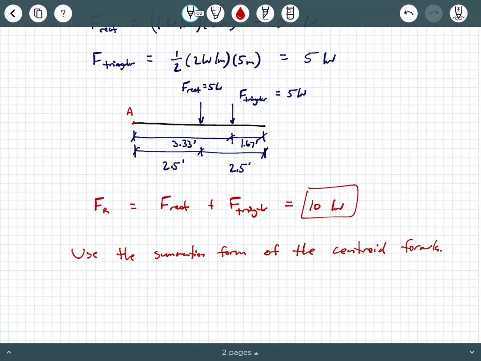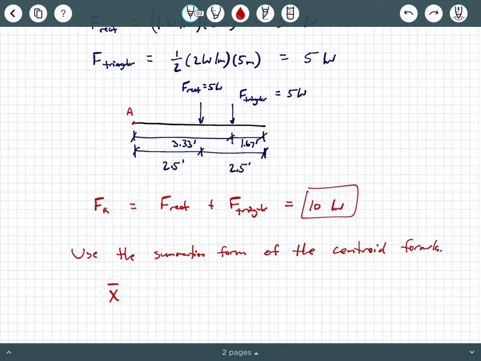So remember from calculus, when you have discrete shapes or discrete values, we typically use the summation form instead of an integral form to add things up. But we use integral form when we have a function representation.